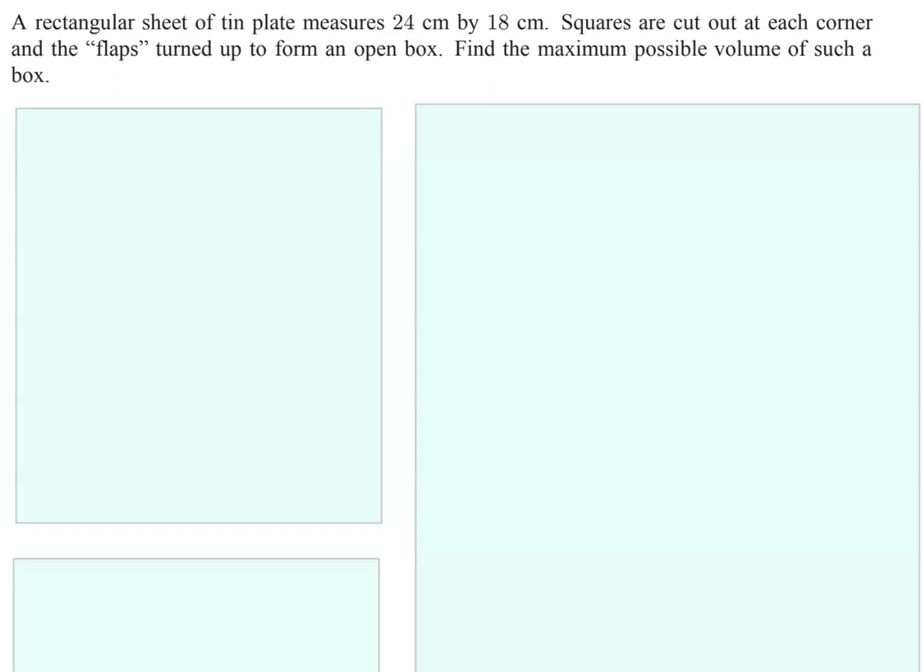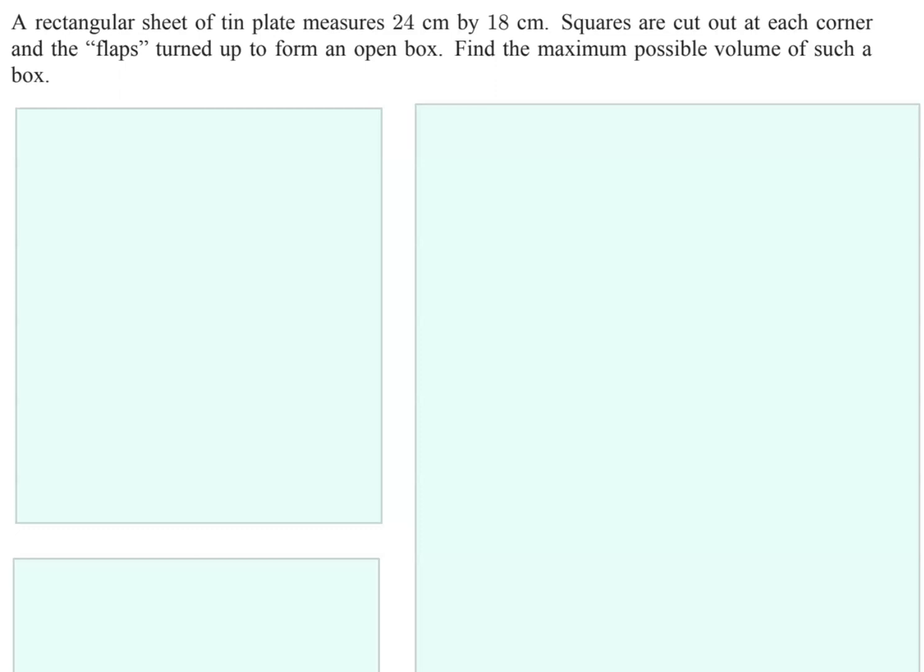Anyhow, let's get started. A rectangular sheet of tin plate measures 24 centimeters by 18 centimeters. Squares are cut out of each corner, and the flaps are turned up to form an open box. So hopefully you have in your mind a picture of this flat plate.